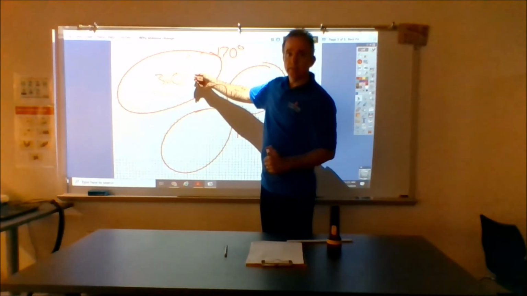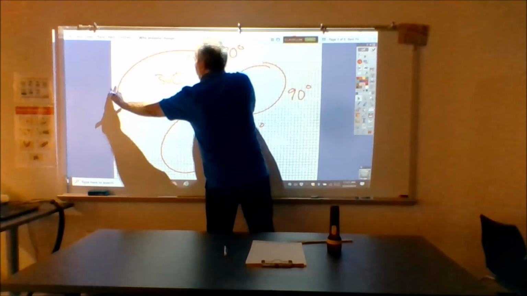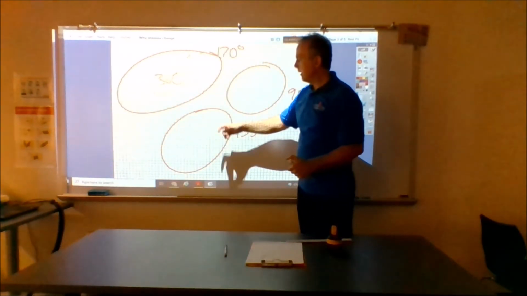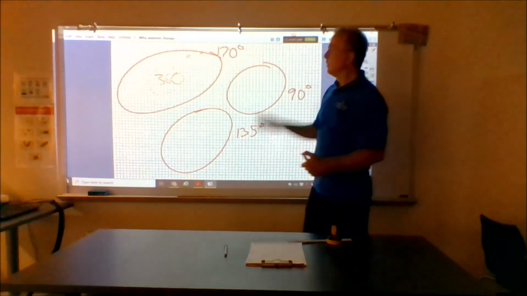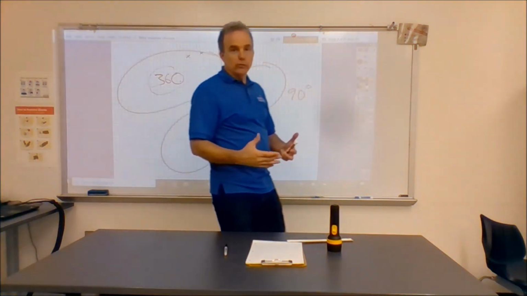Same sun, same distance to our Earth. The difference is that light is spread over a much larger area. And then here in spring and fall, it's kind of in between. It's got some heat, but not nearly as much. Okay? So this is why we have the seasonal change.